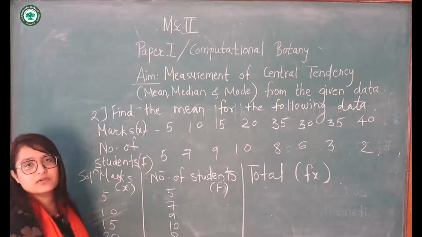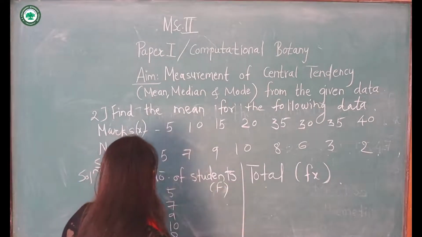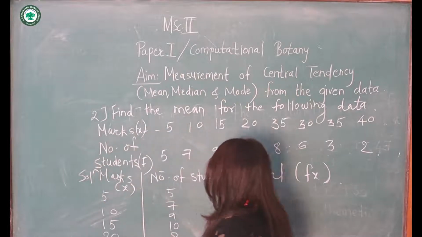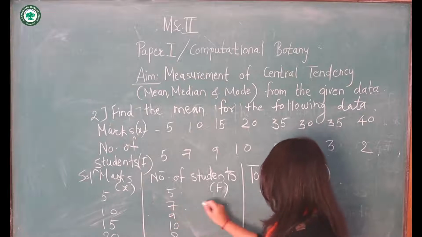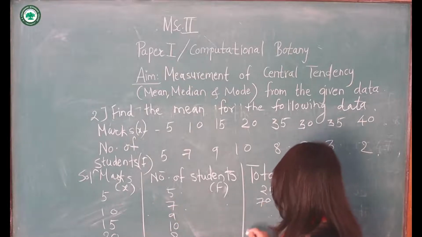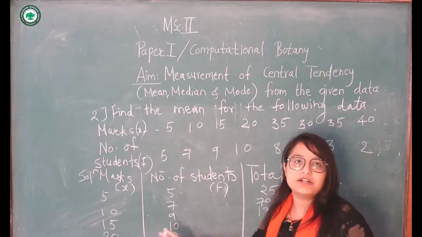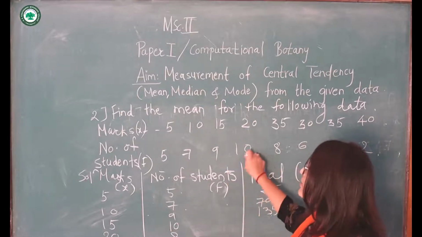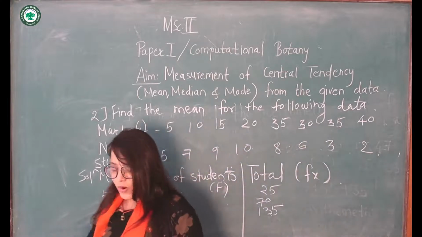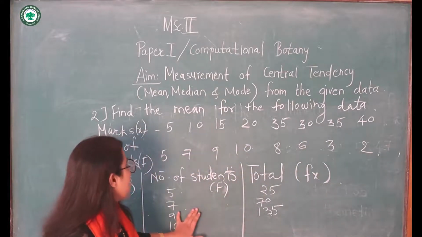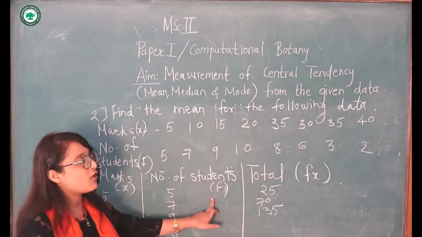Now you have to find fx, that is 5 into 5 is 25, 10 sevens are 70, 15 nines are 135. In this way you multiply all the data given in marks and number of students.